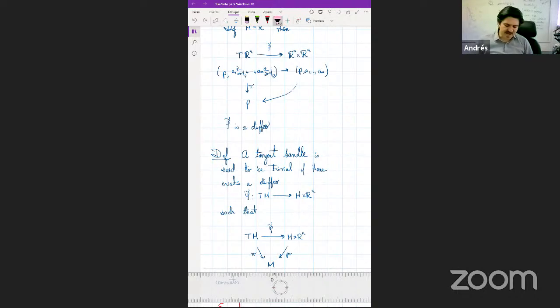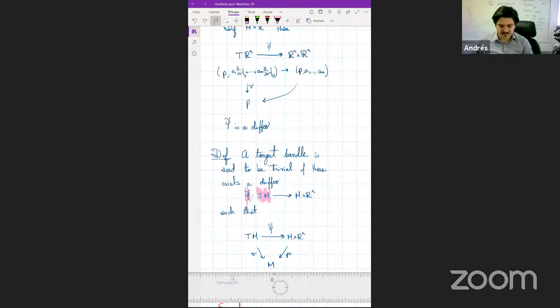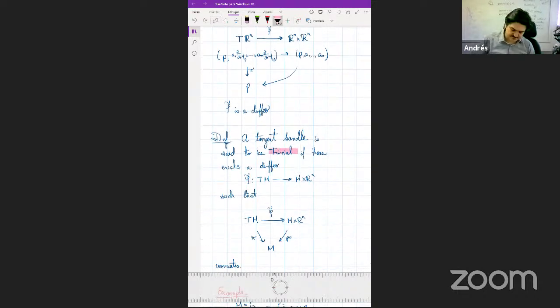So if I have a manifold and I have a diffeomorphism such that the tangent bundle maps to this, making this diagram commute, I'm going to say that the tangent bundle is trivial. M has a trivial bundle if the tangent bundle of M looks like M times Rn. So I have a diffeomorphism from the tangent bundle to this.